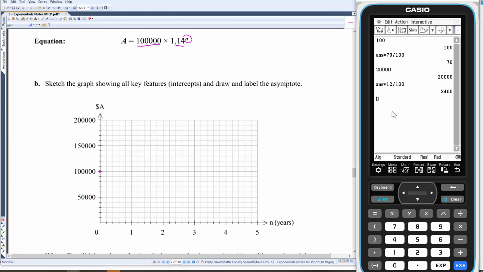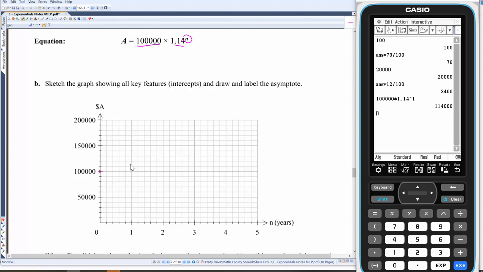All right, we're going to jump over to our CAS here, and we're going to type in our function. So we've got 100,000 there, multiplied by 1.14 to the power of 1. So that's what he has after 1 year, which is 114,000.